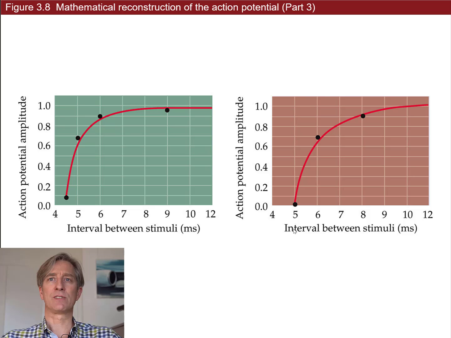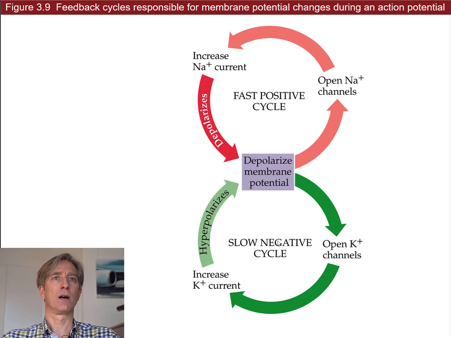Good, so we have now seen the basic mechanisms, the two conductances underlying the action potential. They underlie the sodium dynamics, so we have a dynamic process that has a positive feedback loop, right? The sodium feedback loop is positive because the more the membrane depolarizes, the more sodium comes in.